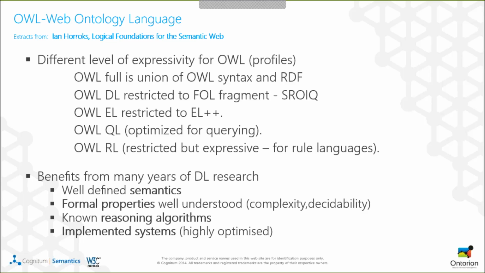Description logic benefits from many years of research. So there is a well-defined semantics, the formal properties are well understood, and there are known reasoning algorithms. So DL can be quite efficient for particular reasoning, but in general DL is exponential.